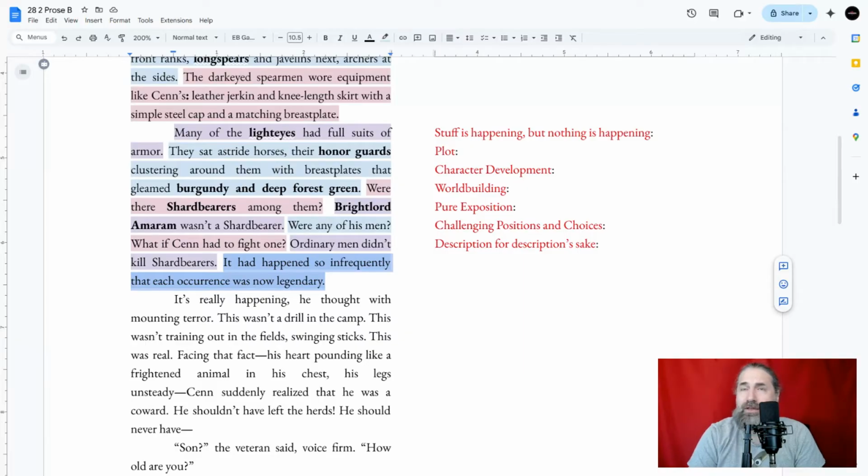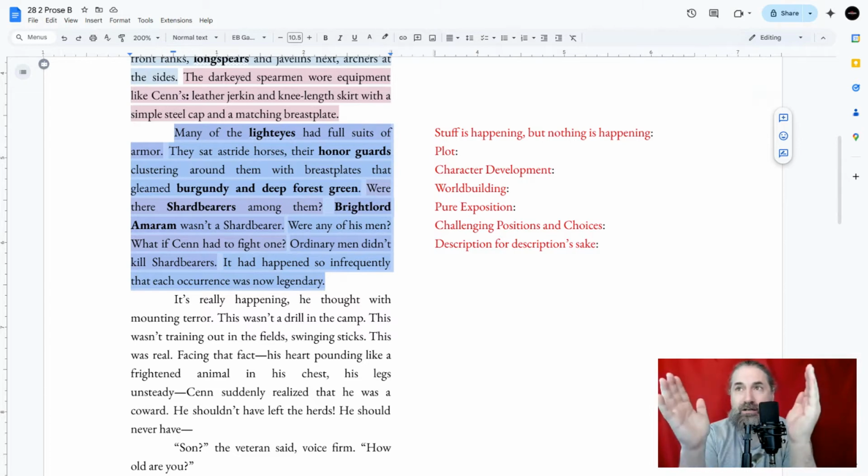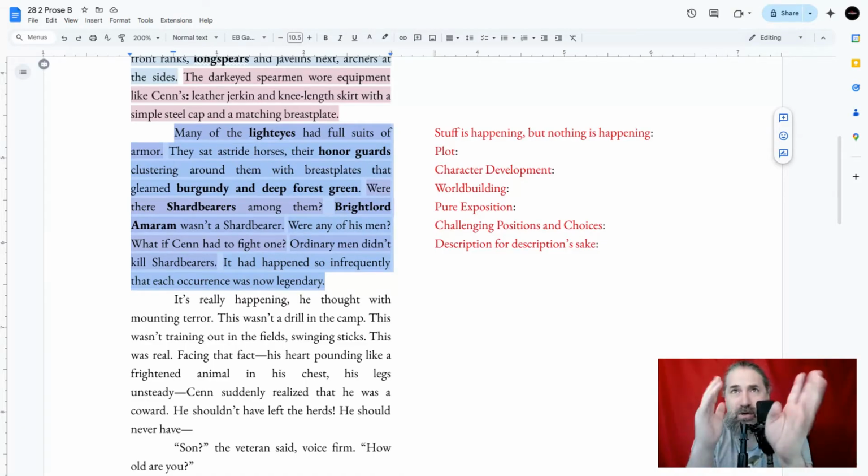And all of this could have been exposition, pure exposition, but it's not, because it is through the emotional experience of the character. Story eliminates stuff is happening, but nothing is happening. Story is through the emotional experience of your characters. So as long as they're experiencing this and the POV is written in their perspective, you are allowing it to be more than pure exposition or description.